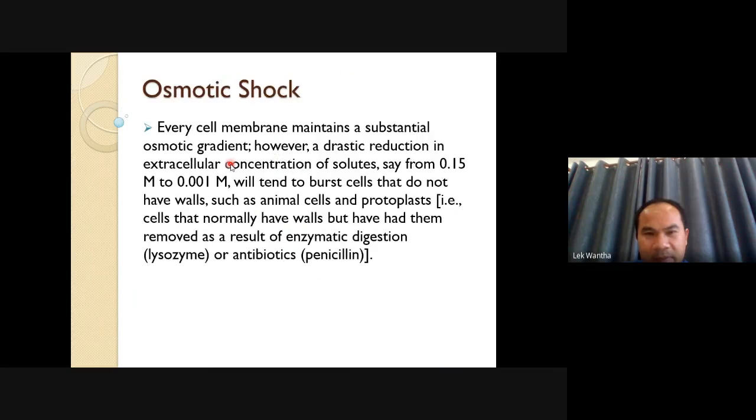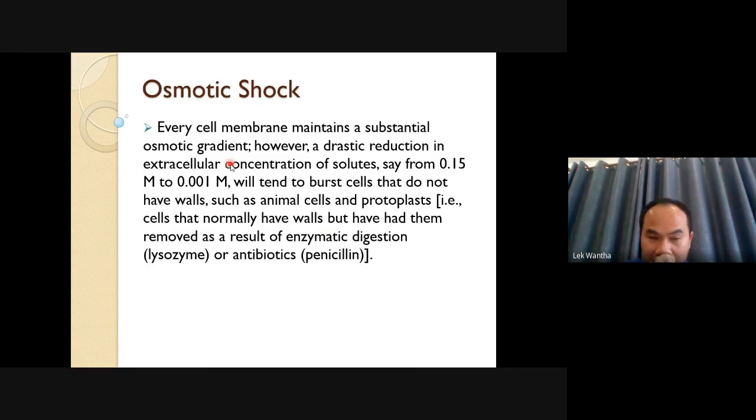Okay. For osmotic shock, I talked to you already, because in osmotic shock we add some solvent. In this case, the solvent is water. We add the solvent or the water into the cell. And if a lot of water goes into the cell, the cell becomes bigger in size, and finally it breaks, and then we release some product out of the cell.